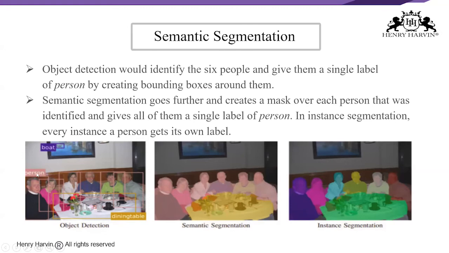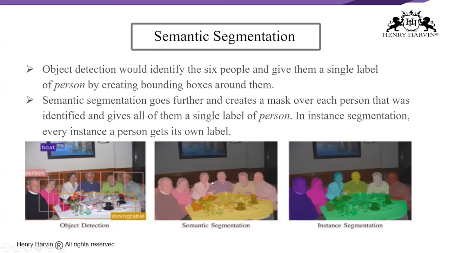It's identifying persons, and if you look into this, there is a boat, dining table, and flowers, right? And cutlery, so it can detect those, right? In the object detection task, it is identifying all the 6 people and giving them a single label of person by creating bounding boxes around them.